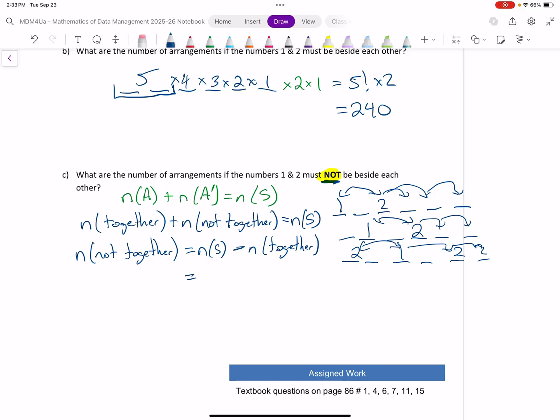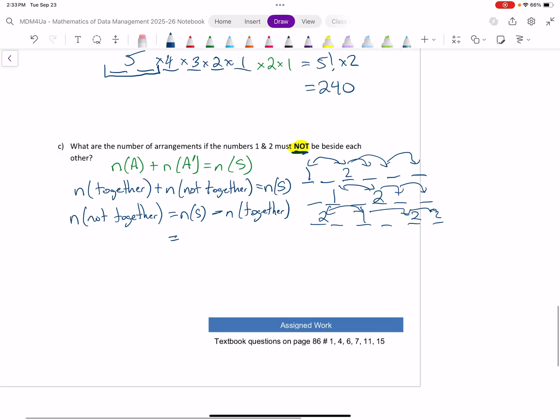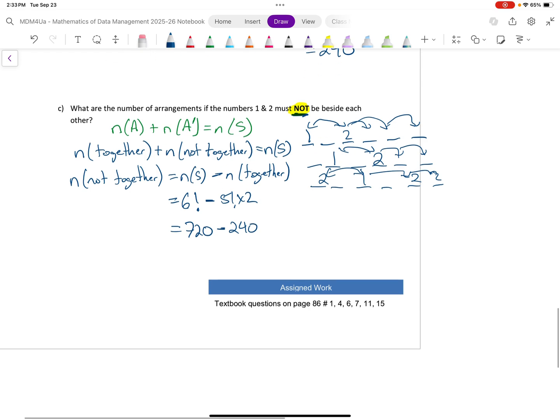So the total number of all arrangements is 6 factorial. The number where they are together is 5 factorial times 2. And so it's really this minus what we got above, 240. And so I end up with 480, I believe. That's the number of options where they are not together.